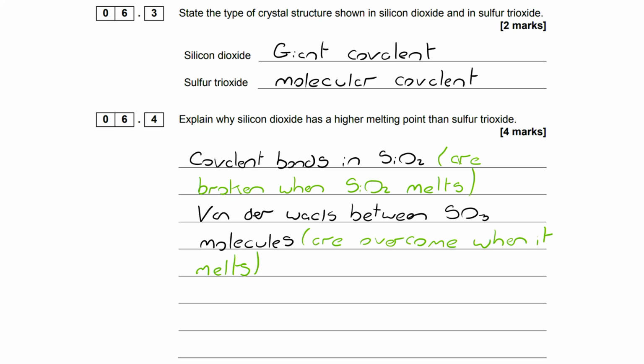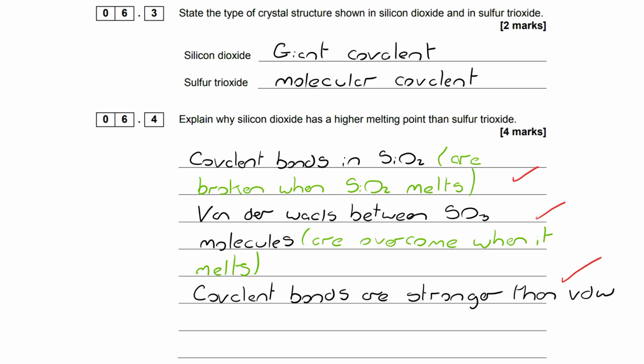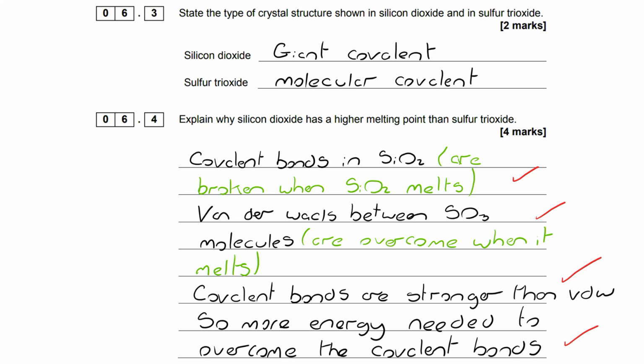So 2 of the marks here are going to be related to recognizing the bonding type and recognizing what's overcome when you melt them. The 3rd mark is then for actually recognizing that covalent bonds are stronger than van der Waals forces. And the 4th mark is actually then relating that to the amount of energy needed. If the covalent bonds are stronger, then more energy is needed to overcome them.